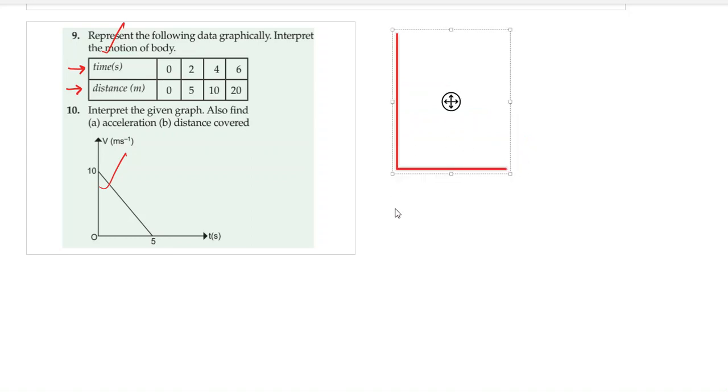Yeah, this is fine. So this will be 0, 2, 4, 6, 8, and 0, 5, then directly 10, then directly there is no 15, okay, directly 20.